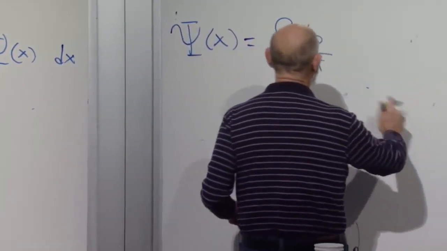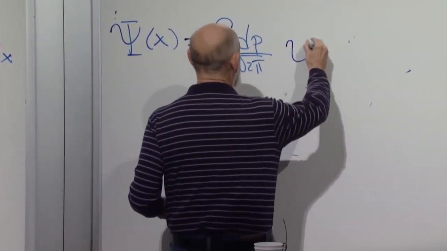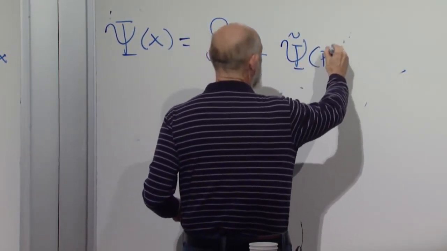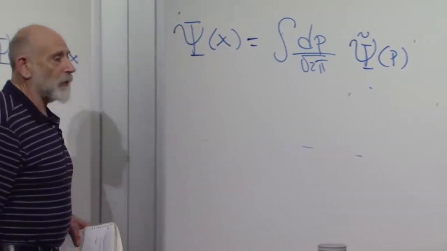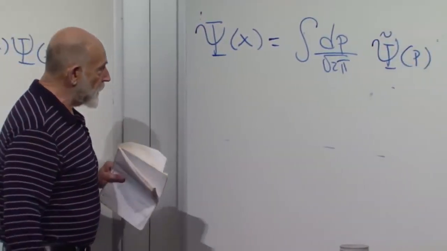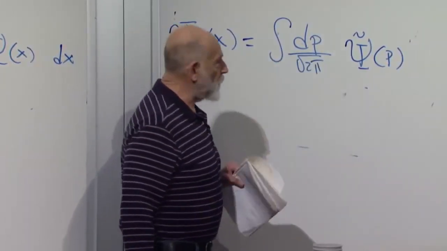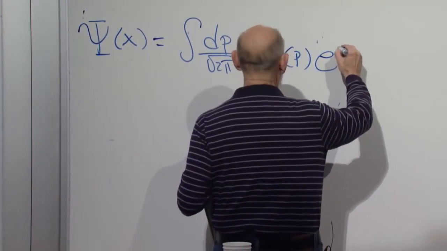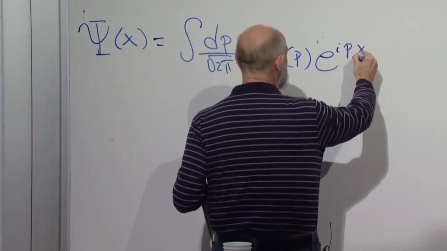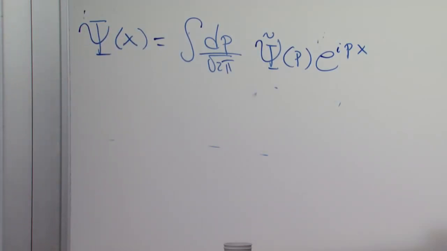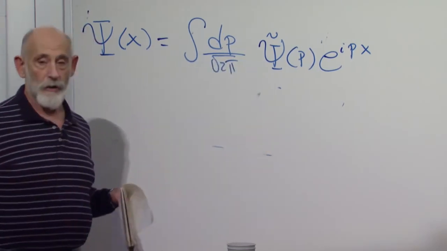And then what we called psi twiddle of p. This is the annihilation operator for a particle of momentum p. But then we have to multiply this by e to the i p x and integrate over p. That's the annihilation operator at x in terms of the annihilation operator for a particle of momentum p.